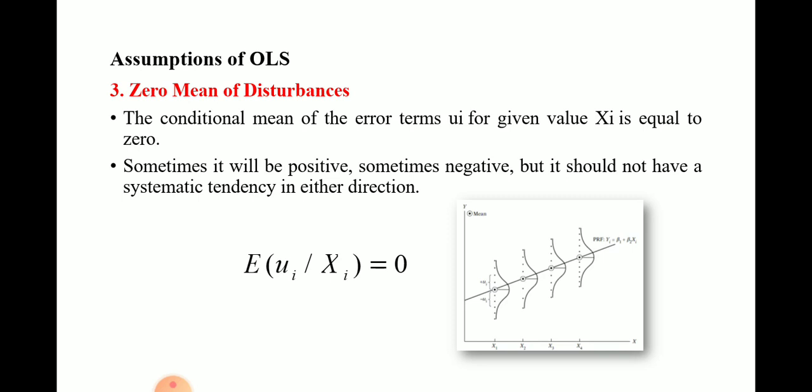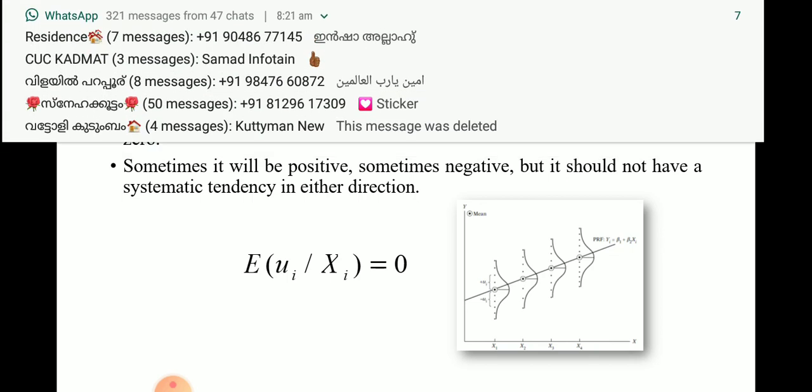The third assumption is that the mean value of ui is equal to 0. That means the average value of your u term is 0. Sometimes the errors will be positive and sometimes negative, but the average of the errors should be 0.